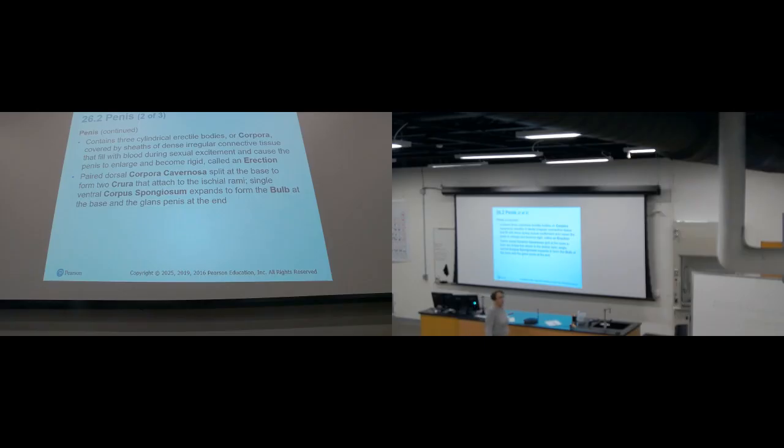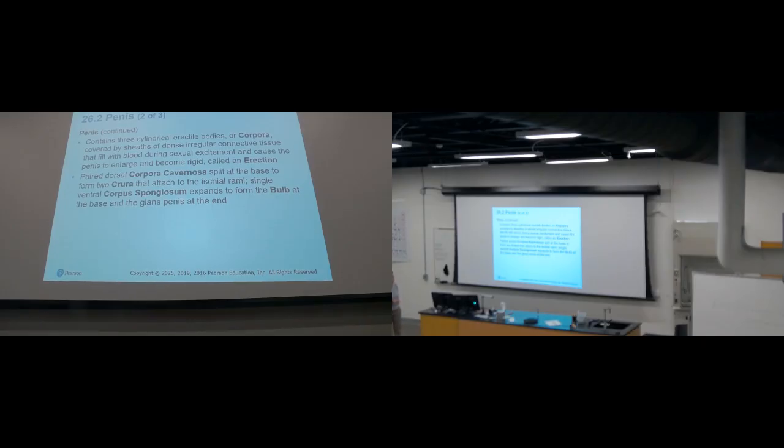And then if you make a cross-section of the penis, you can see that it has 3 cylindrical erectile bodies. Well, the 2 that are erectile will be the corpora cavernosa. And then the corpus spongiosum surrounds and protects the urethra. The corpora cavernosa has dense irregular connective tissue and spaces that are filled with blood during erection.